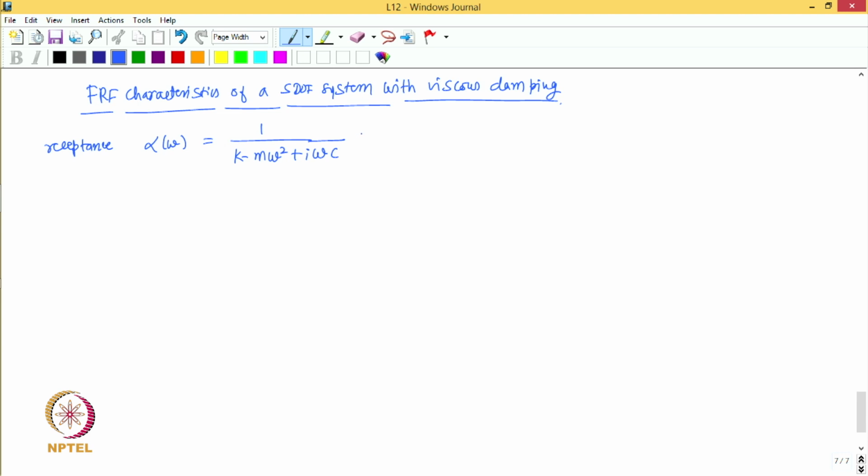This expression, if we divide by k in the numerator and denominator, can also be written as 1 by k upon 1 minus omega upon omega n whole square plus i 2 zeta omega upon omega n, where zeta is the viscous damping factor. We can also now determine the magnitude of the FRF, which can be obtained as follows.